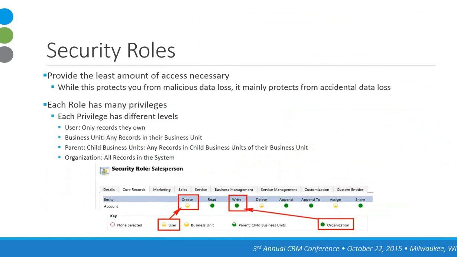The three-quarter pie allows you to do it to any records in your business unit and child business units. And finally, the full green circle allows them to do that to any record in the system. So in this example, the salesperson role has the ability to edit or write any account records in the CRM system.